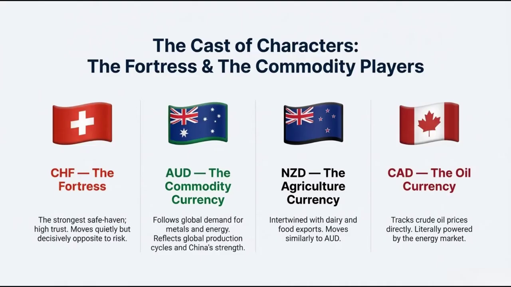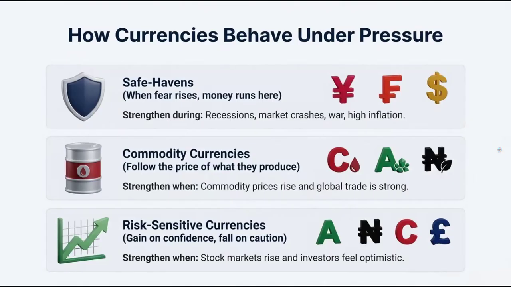It tracks crude oil prices directly, literally powered by the energy market. A key note for you: there's always news on Wednesday related to oil. Wednesday is always very important to pay attention to for any currency pair that has CAD connected to it.